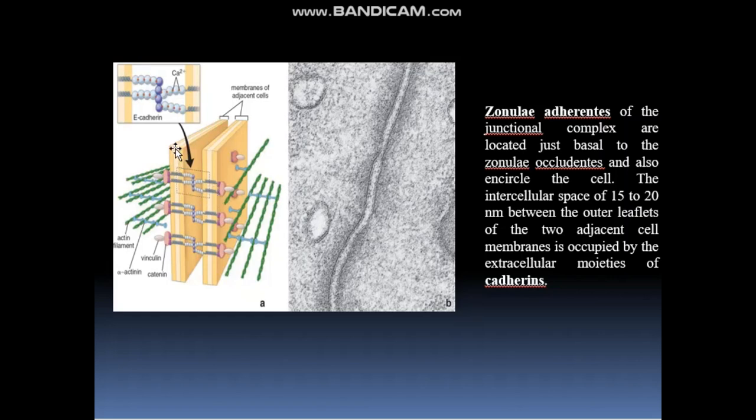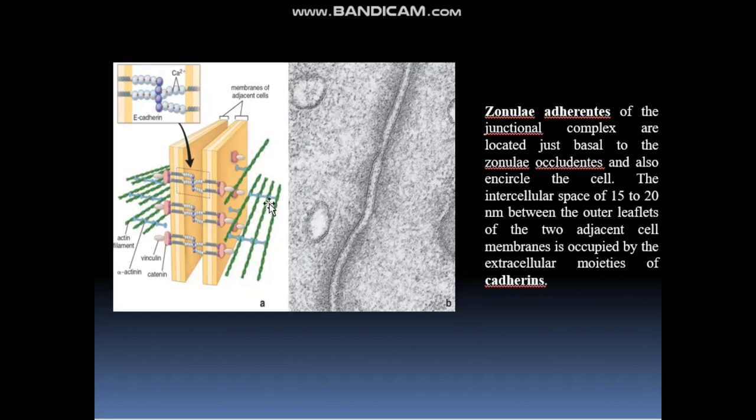And if you remember, cadherins are calcium-dependent transmembrane proteins which join each other in the presence of calcium ions. Then catenin will bind to other proteins, such as vinculin, and by these proteins, the catenin will bind to actin filaments.